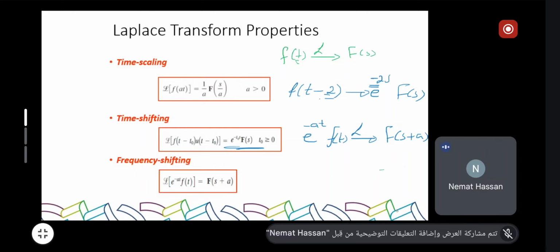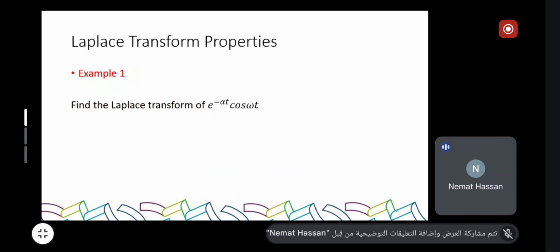Let us have a quick example. Let's say that I need to find the transform of e power minus alpha t cosine omega t. Now I already know from the table that if f of t is equal to cosine omega t, then the Laplace transform F of s would be equal to s divided by s squared plus omega squared.